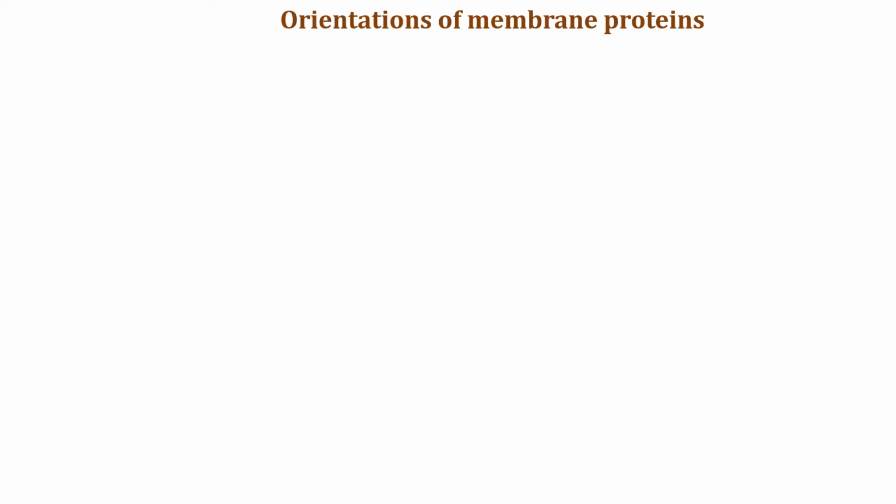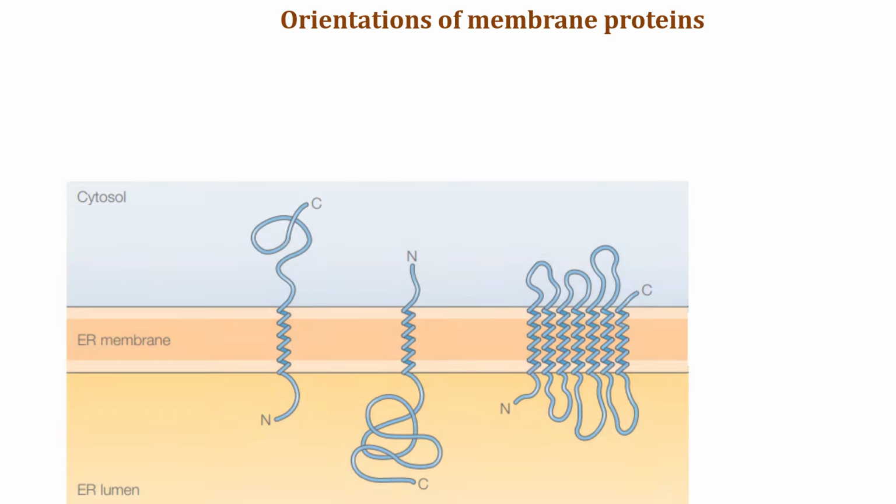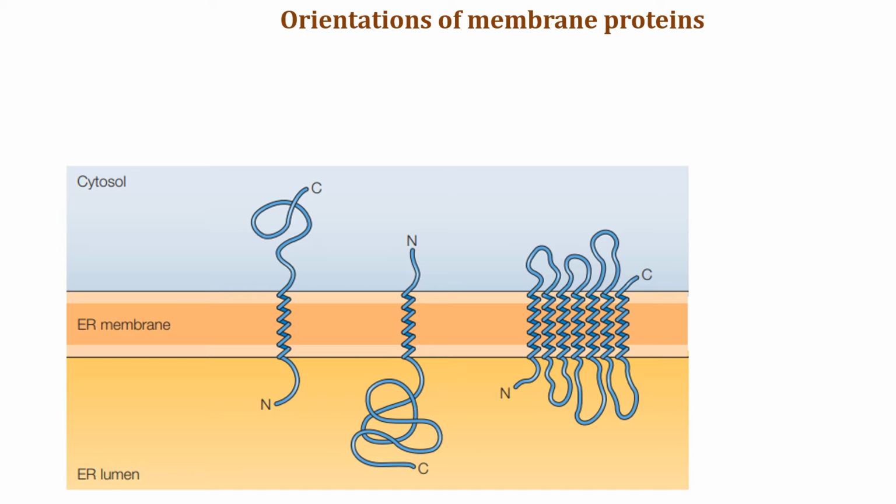So next is the orientation of membrane proteins. The integral membrane proteins span the membrane via alpha helix regions of 20 to 25 hydrophobic amino acids, which can be inserted in a variety of orientations. So in this figure you can see the proteins at left and center each span the membrane once.